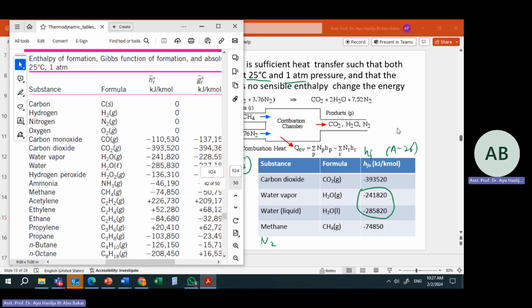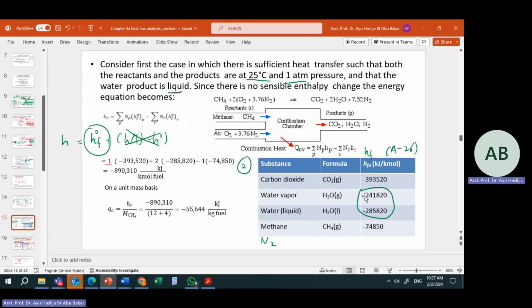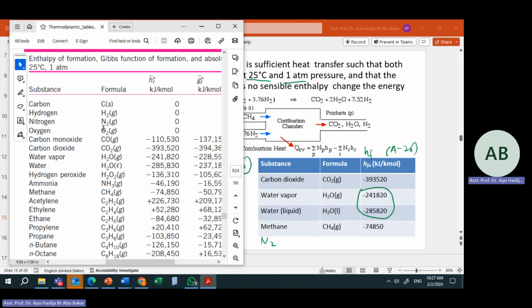If you assume vapor, then you just take the value for vapor. In this slide, it assumed liquid. Okay, so here CO2, heat of formation, this one. Then water, liquid. So it assumed liquid, so you just take it as liquid.